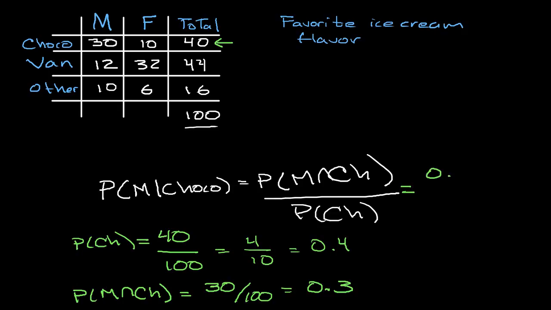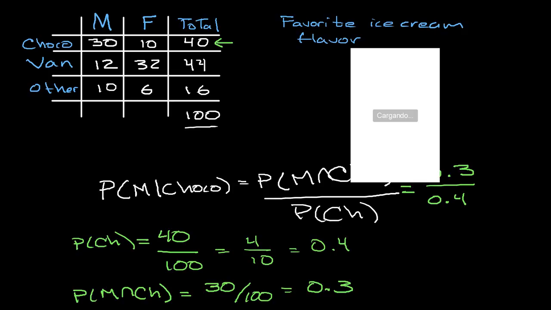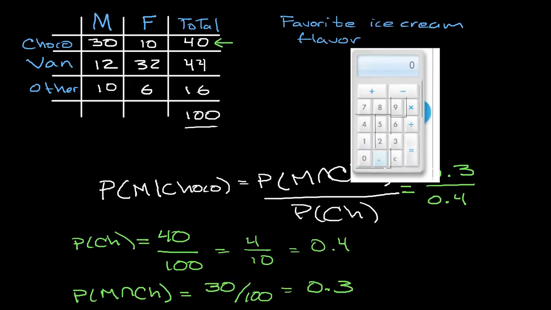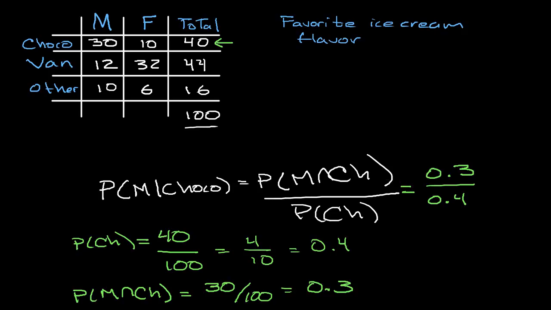So this is 0.3 over 0.4. Let me take out my calculator. So now we divide 0.3 over 0.4. This is 0.75.